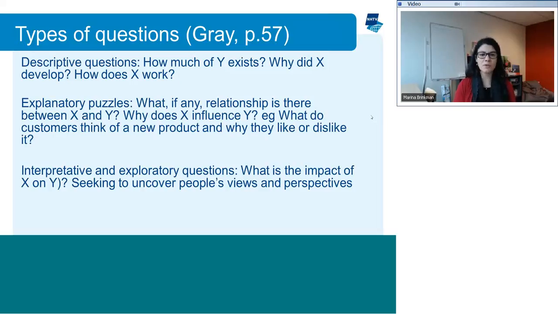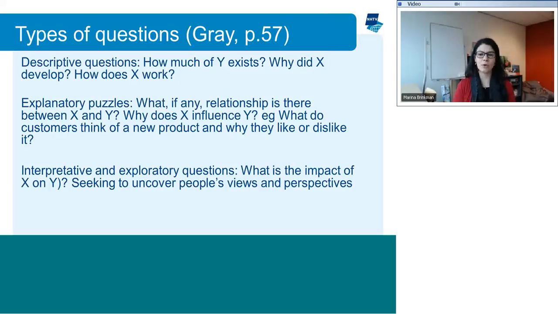The interpretative and exploratory type of questions, Gray defines them as questions which actually seek to uncover people's views, perception, the deeper meaning of their attitudes, of their behavior.